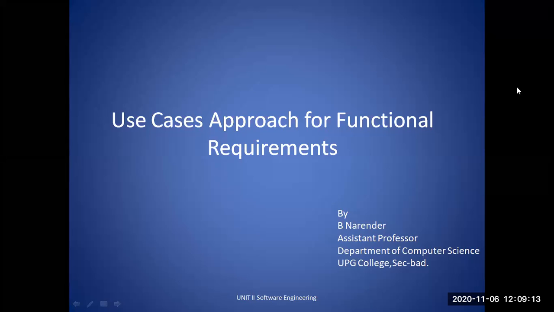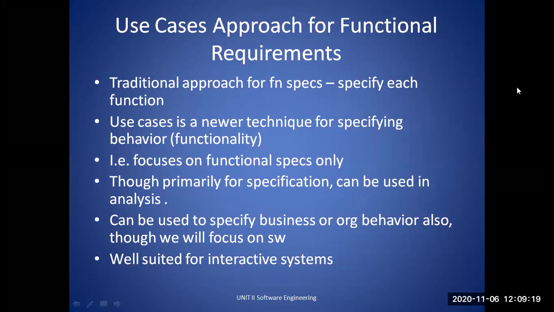Now what is a use case and what will be the part of use cases? Let us see. This is a traditional approach, a general approach followed for functional requirements. Use cases are generally used for specifying functional aspects of the system which is going to be developed.